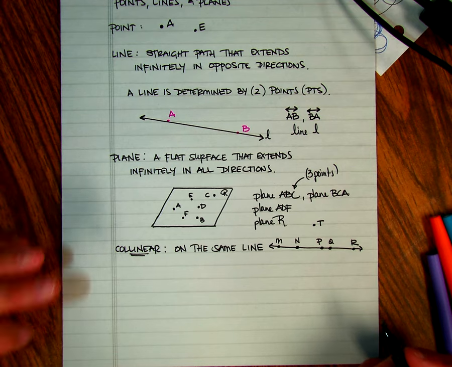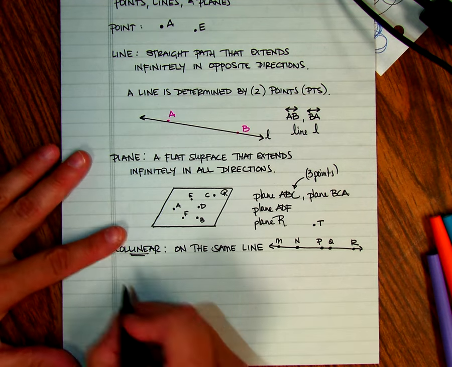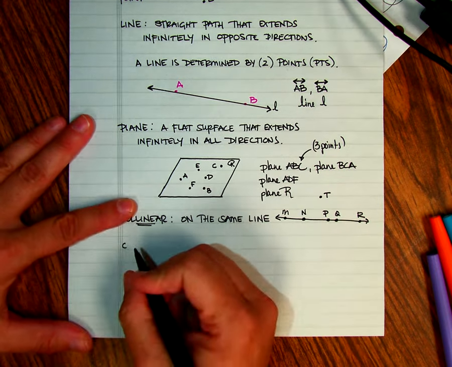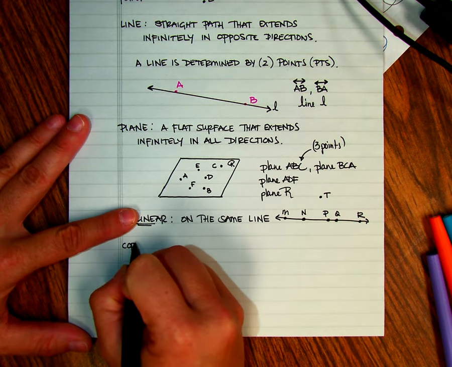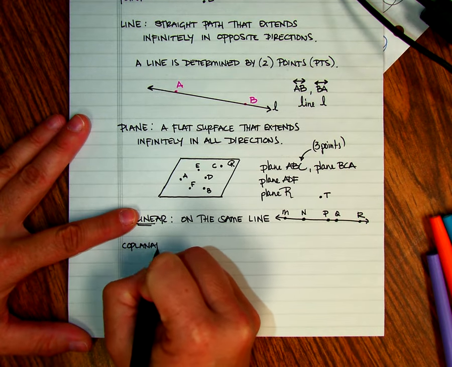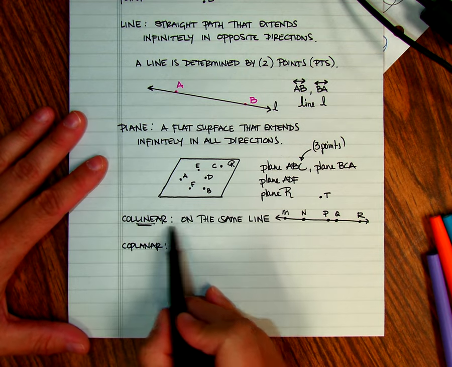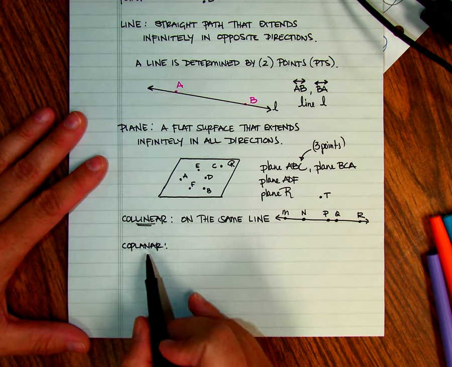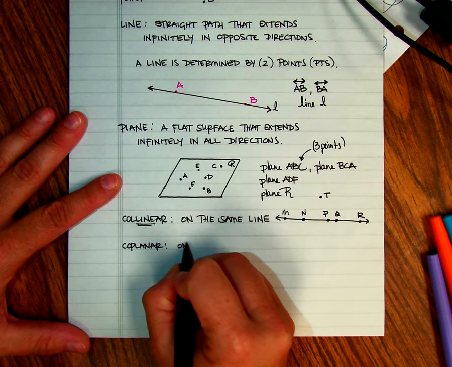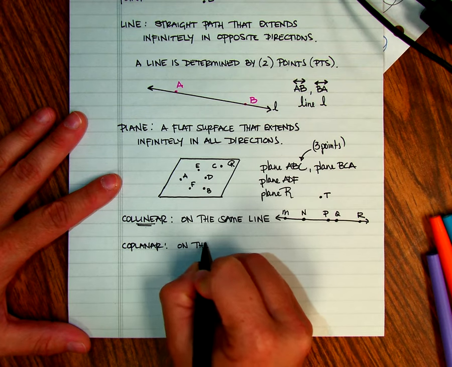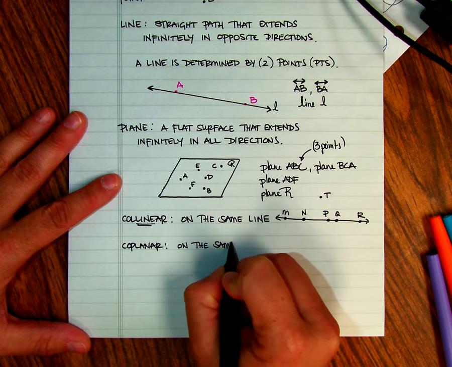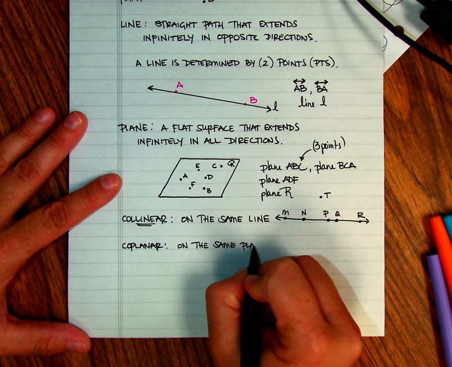And then we have coplanar. Much like collinear is on the same line, coplanar means on the same plane.